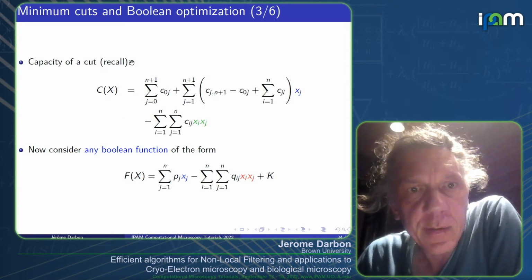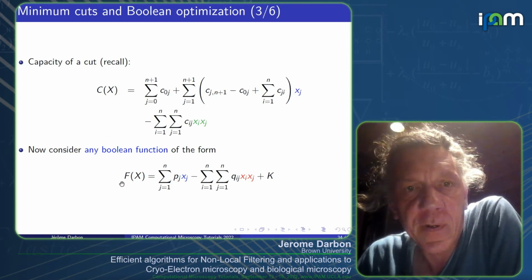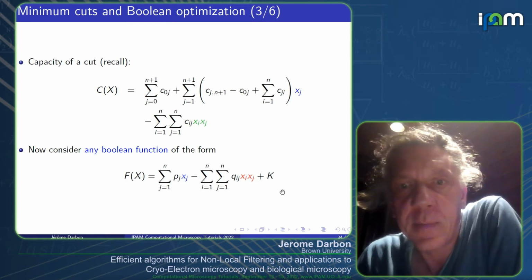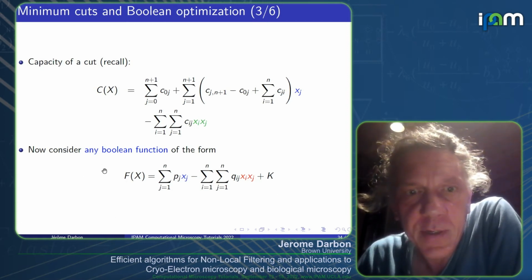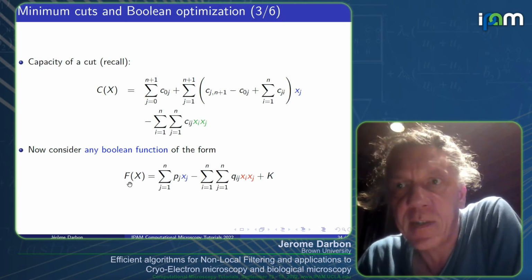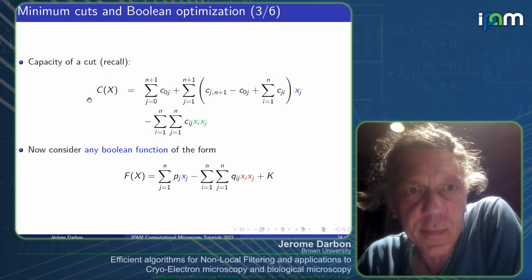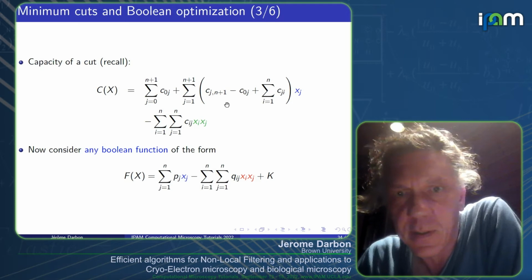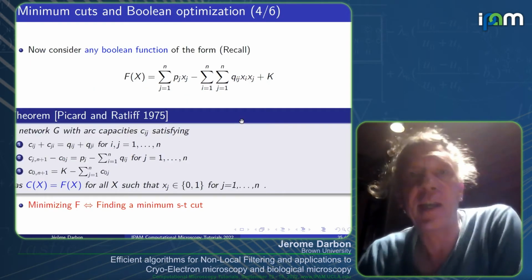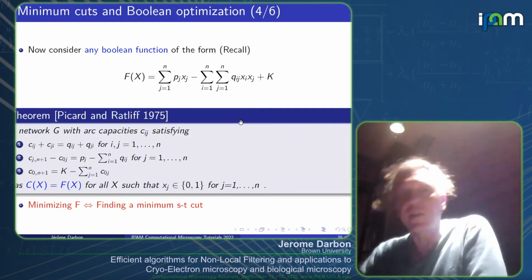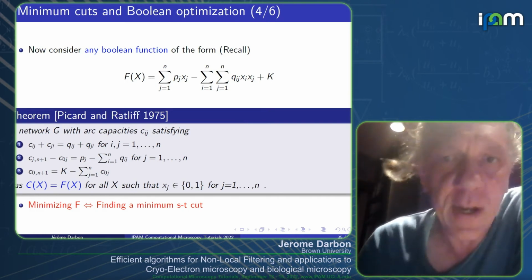Under which condition are c and f the same? It means, can I build a graph so that my function f that I want to optimize will be exactly the capacity of the cut in a graph? And the answer is yes, you can construct this graph.